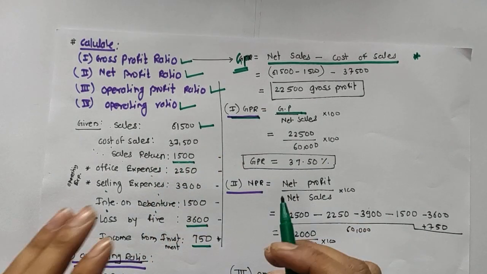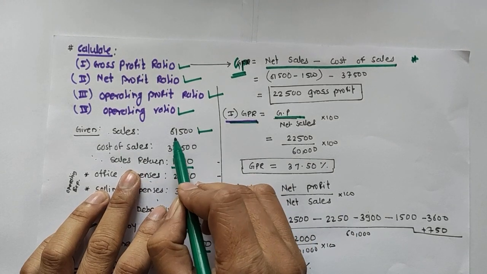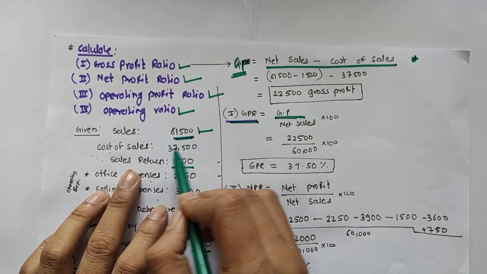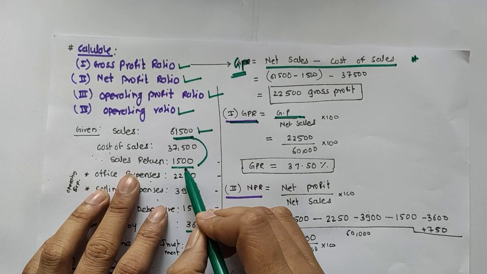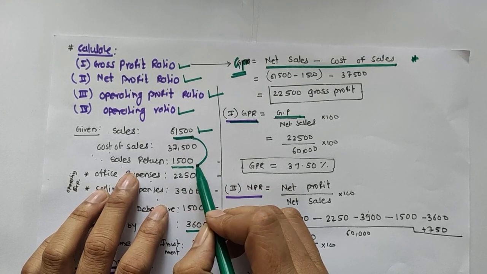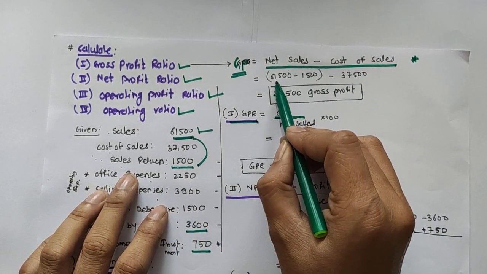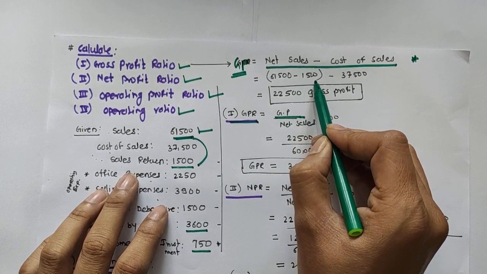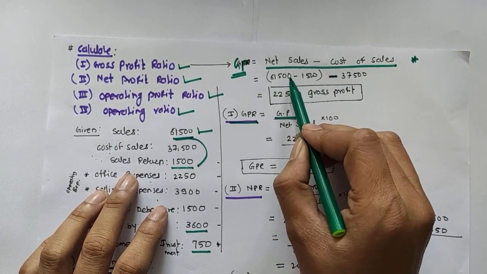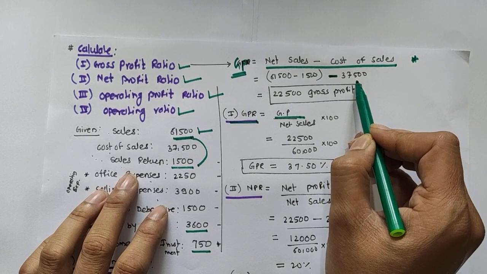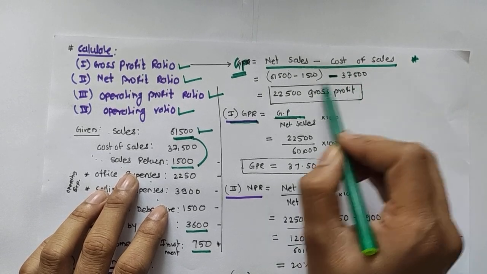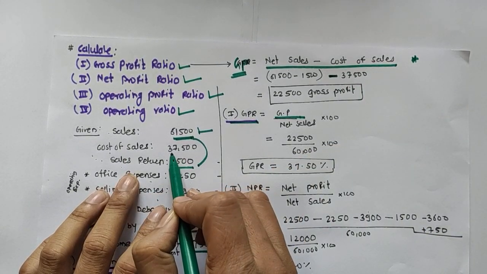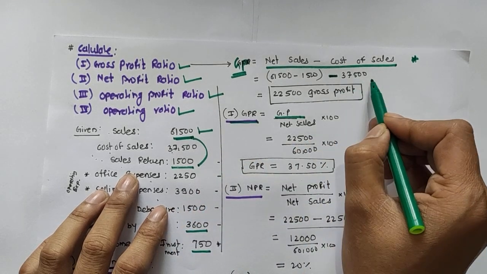Simple word, sales. See, what is the sales given? 61,500. But sales have return. See here, sales return is 1500. So return you have to subtract. So 61,500 minus 1500, you will get net sale. Subtract cost of sale. What is the cost of sale? They have directly given 37,500.